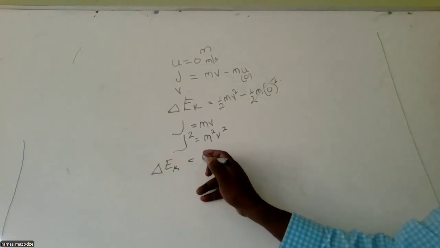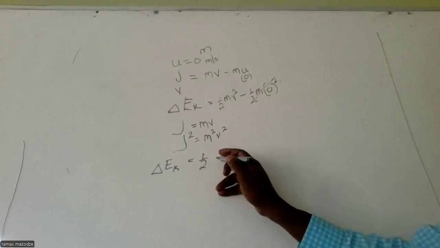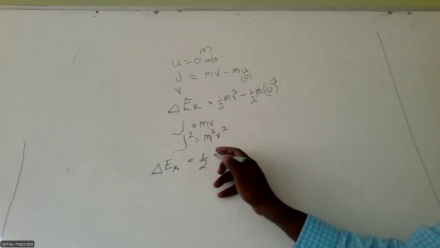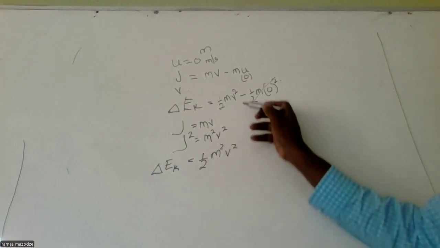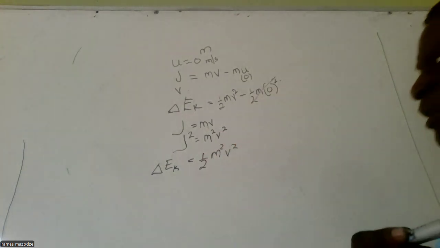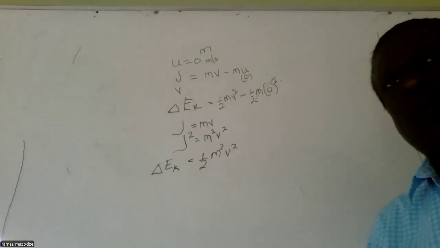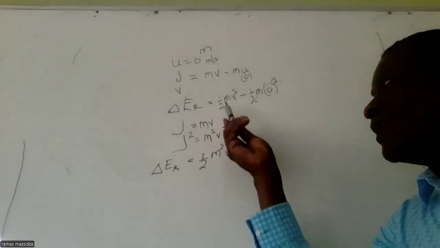is equal to half m squared v squared. But I put an m squared which is not there. How can I correct that? Divide by m.